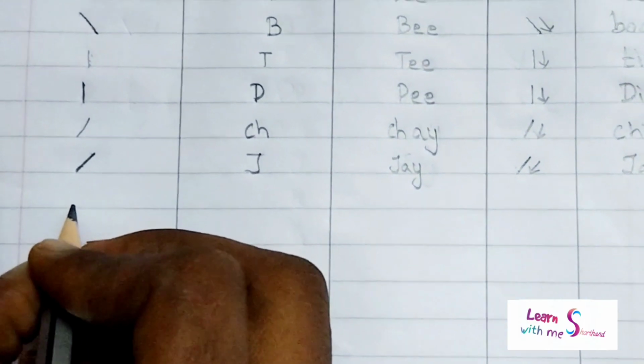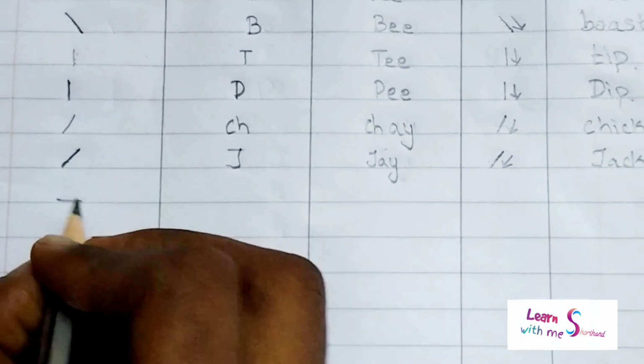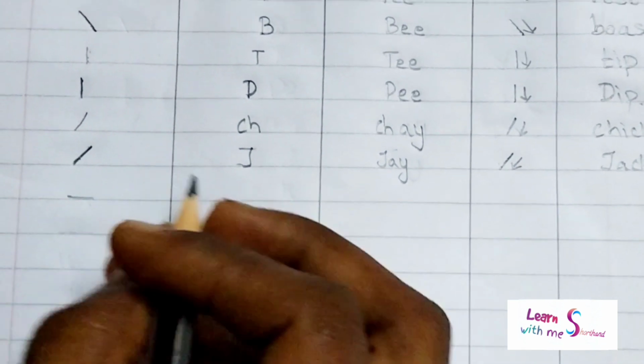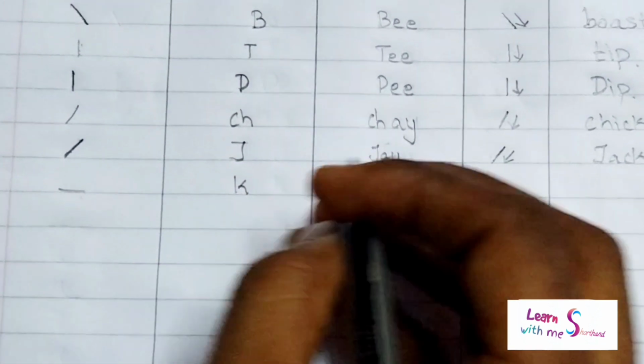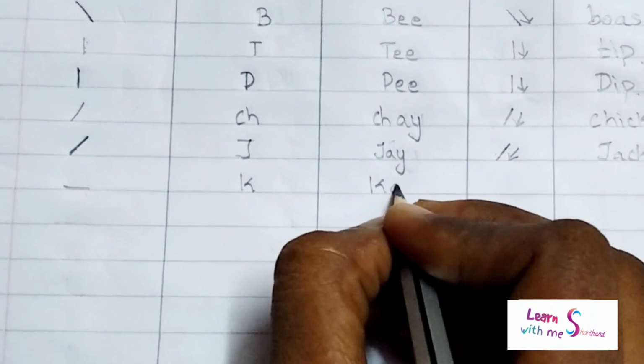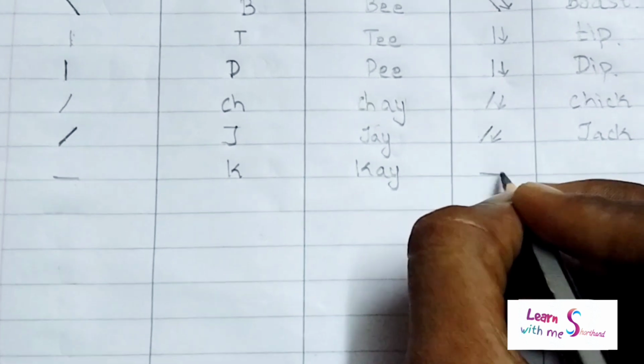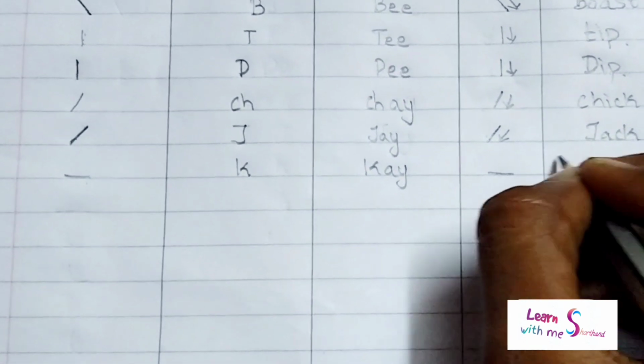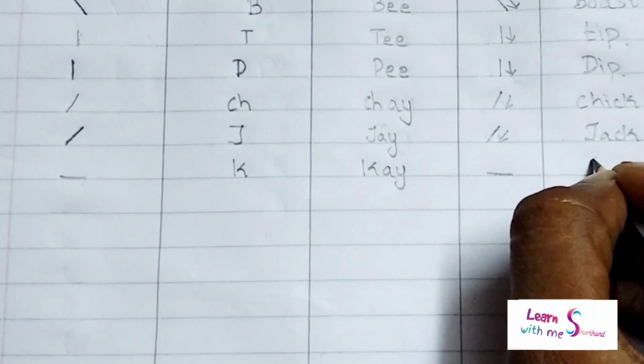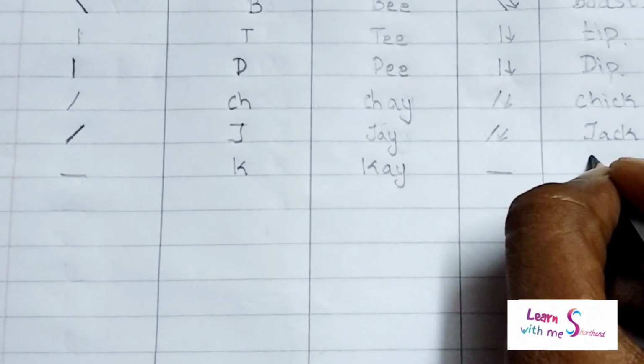Next stroke is K. K is a lighter stroke. The letter is also K and the pronunciation is also K. The direction is a horizontal line. Example for K is cane.